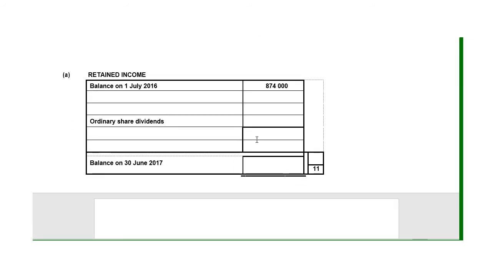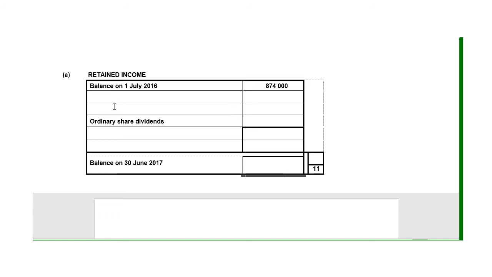The retained income note will always start with my opening balance. In this case, it's already printed, but we should also find it on the list of balances. To that, we add the net profit after tax.